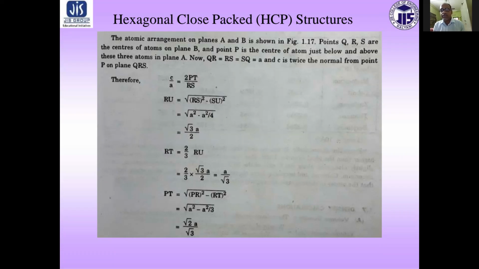So the RT value becomes a by root 3. Now the PT value is root over PR square minus RT square. As we know, PR is equal to a, and the RT value we have just found is a by root 3. So ultimately the PT value is root 2 into a by root 3.